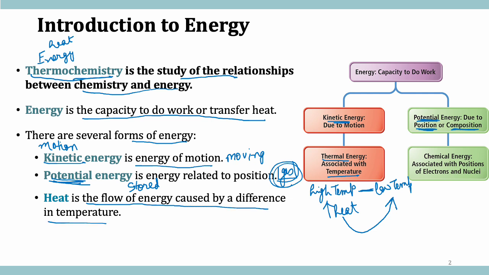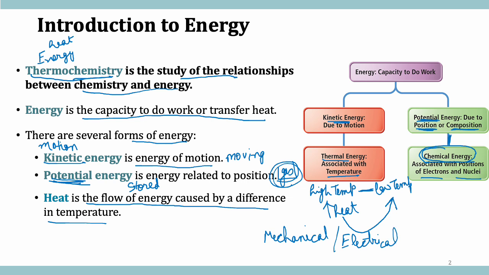So that's thermal energy. Other forms, for example, chemical energy, the energy that is present in the molecule because of its position, electrons, nuclei, protons, all of that energy inside the chemical species because of its bonds, is called chemical energy, which is basically potential energy. Other forms you might have heard of are mechanical energy or electrical energy.